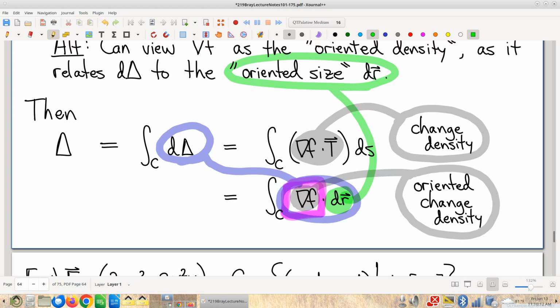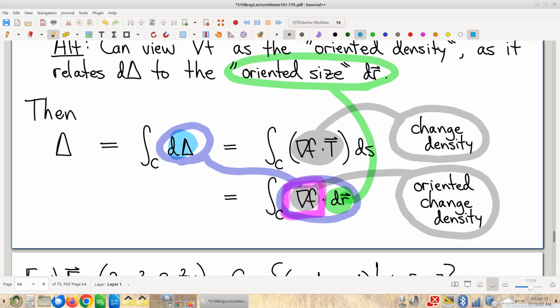It has both, this dr thing has a size and an orientation. That's what dr is. And if it is a size and an orientation wrapped up together, I think oriented size is a reasonable thing to call it. Again, that's a take. You can decide for yourselves how hot that take may be.